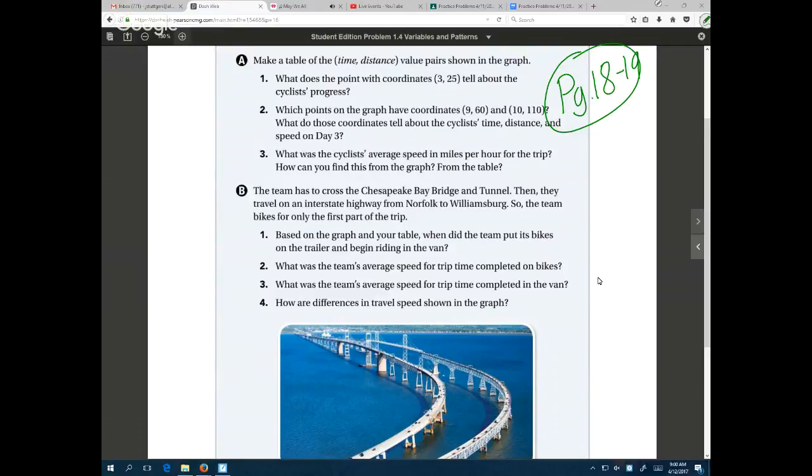That could be 10. You gotta label it first, right? Time and distance. And then, yeah, one will be 0, 0. Then you'll have to go up. Actually, 12. You got 0, 1, 2, 3, 4, all the way to 11. That's 12 spots.